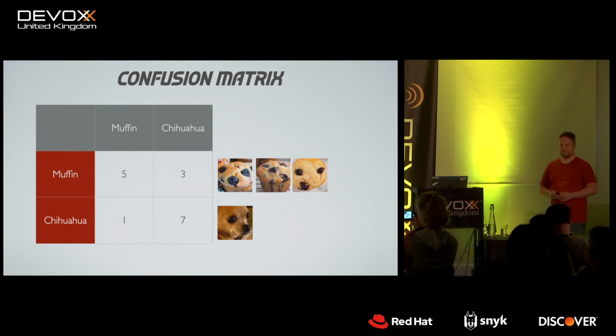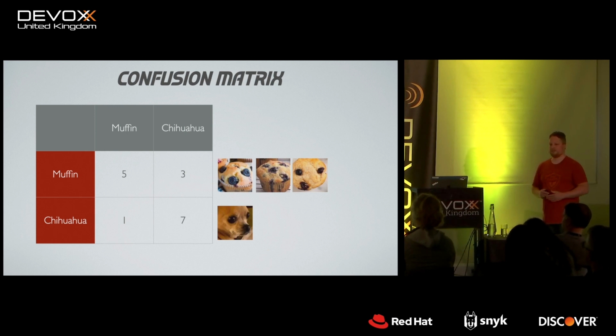So in our muffin case, with only 8 images, it predicted that the muffin was correct 5 times, and it thought it was a dog 3 times. And those are the images that it thought were a dog. With the dog part, it's actually a little bit better. Only 1 dog was misclassified as a muffin.